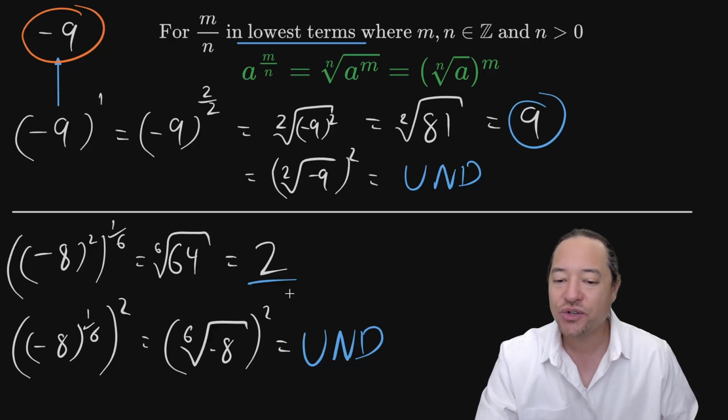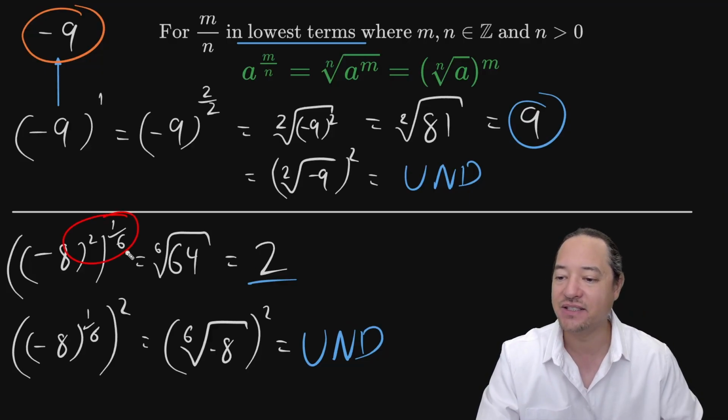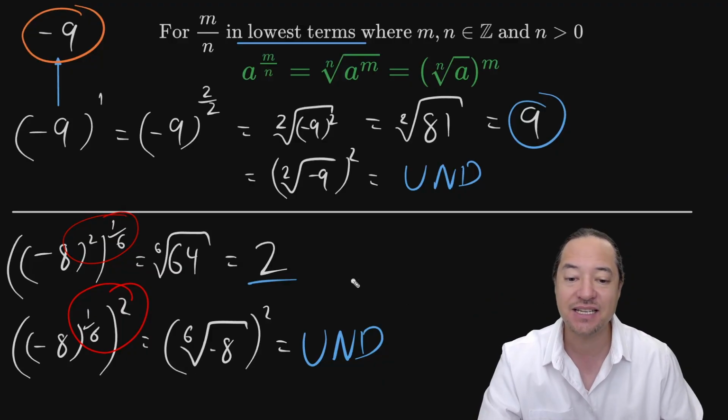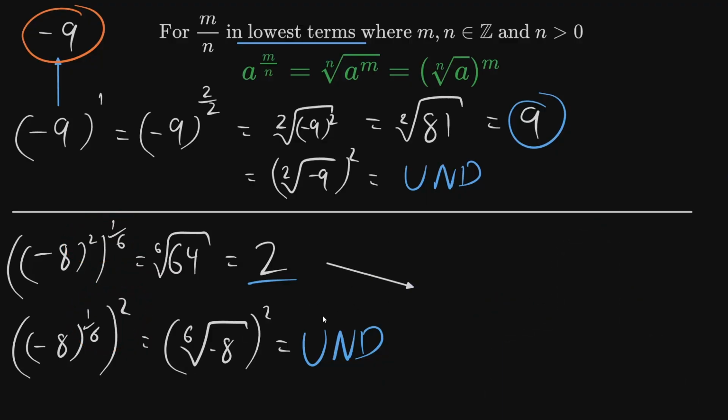Okay, now why is that important? Because if you were to take either of these and use exponent rules to simplify what this is, look at what you're going to get. We're going to get negative 8 raised to the 2/6 power, right? So now we have to be careful because we've kind of lost the order of operations by making this simplification.